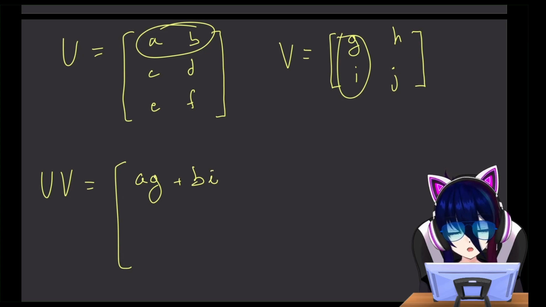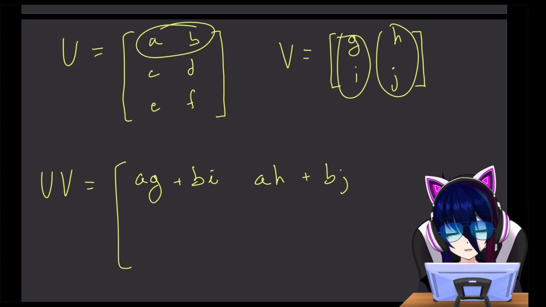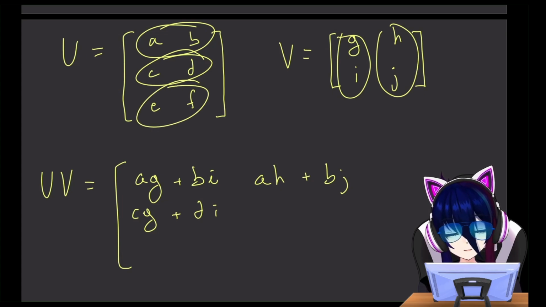Alright? And then we look at our next column. And right next to it we do A times H plus B times J. Now if we go ahead and just do this for this here with both of them, and then this here with both columns, alright, this will give us the result.